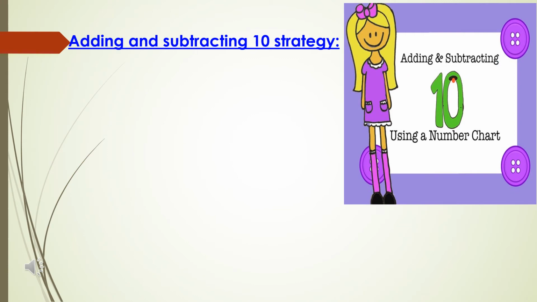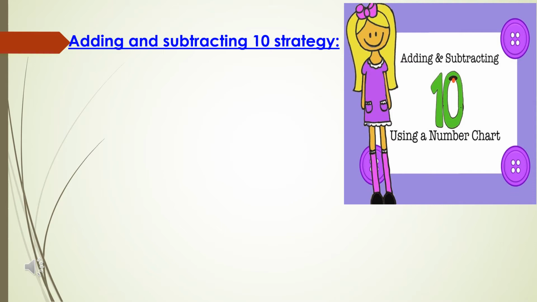Let's move to the third mental strategy, adding and subtracting by 10. In this strategy, we should know that if we add 10 or subtract 10, the ones place remains the same.